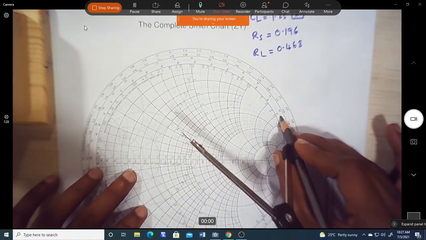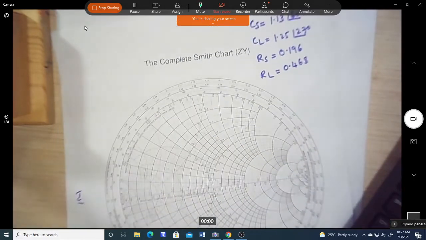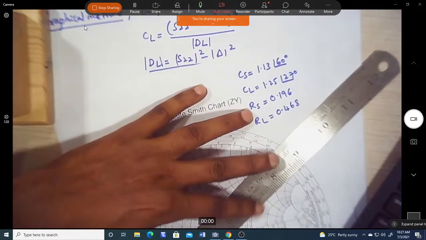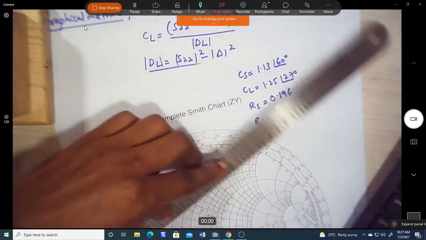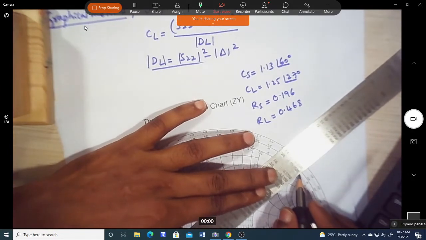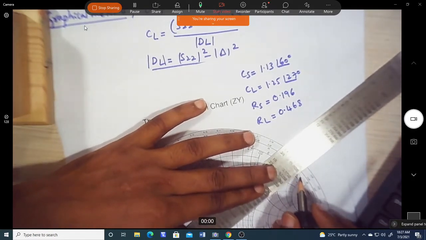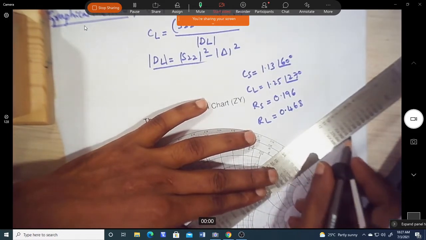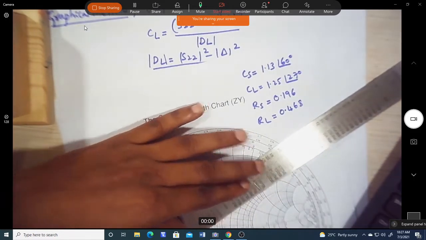So this is the angle I am locating. I will draw the line from the center to that angle, from that point to that point.